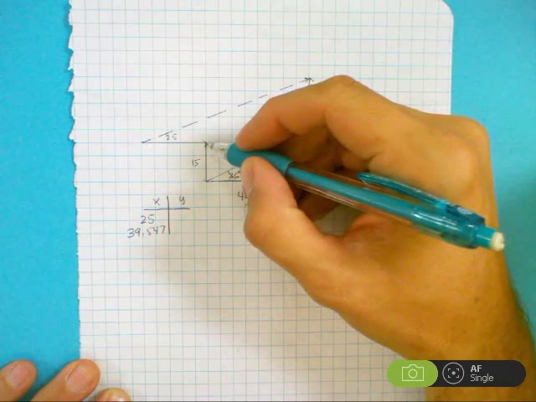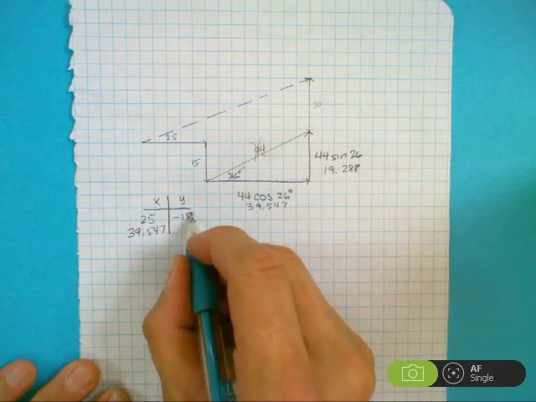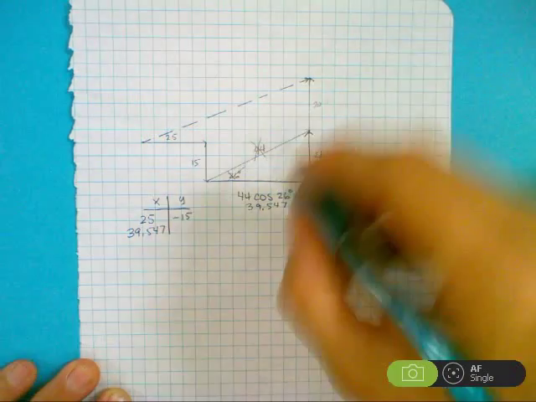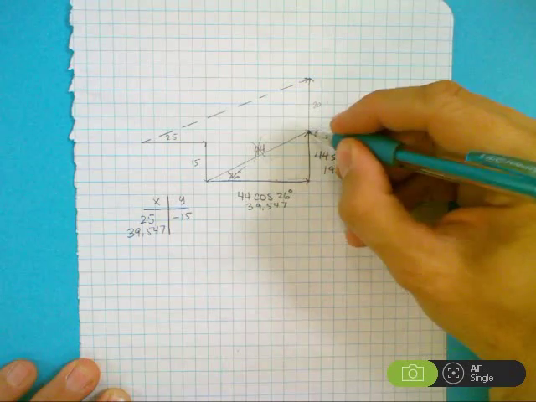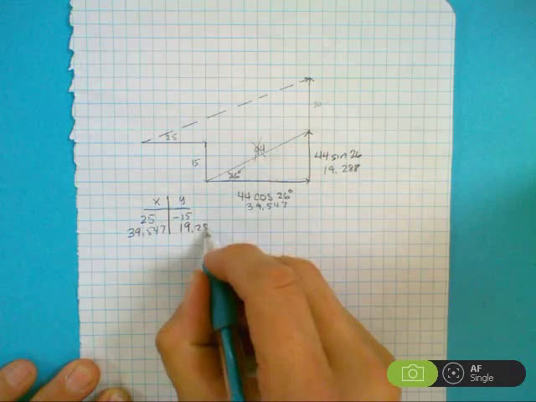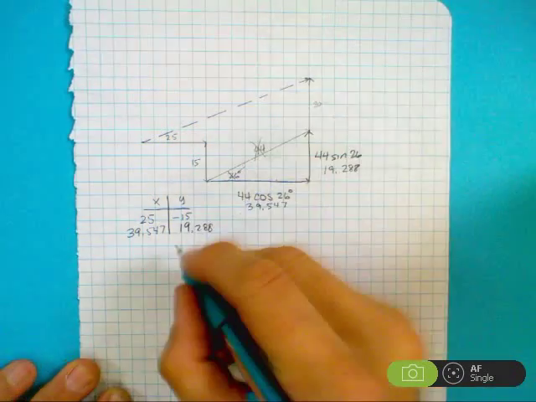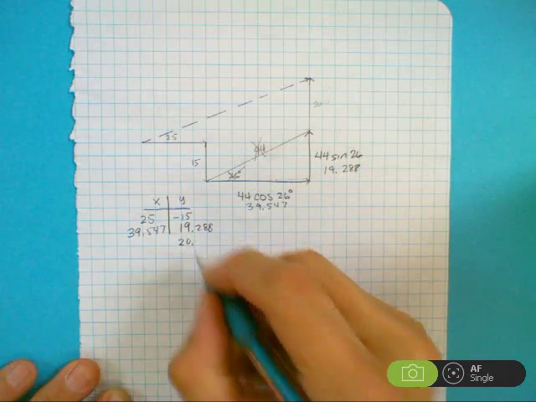In the y, I have this vector, which is negative 15 units. I have this vector, which is in the opposite direction. It's a positive 19.288 units. And then this vector, which is 20.0 units.